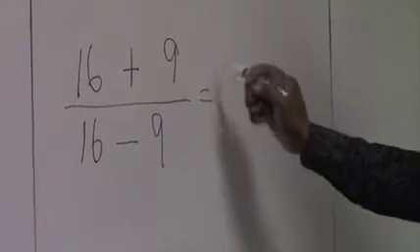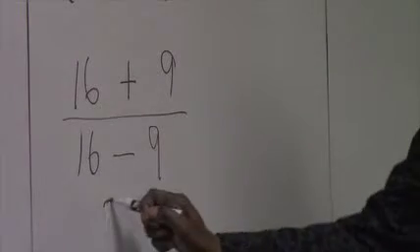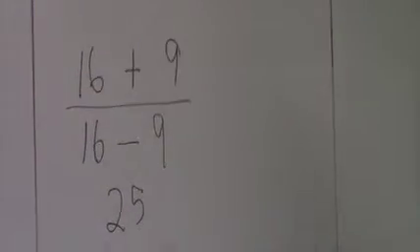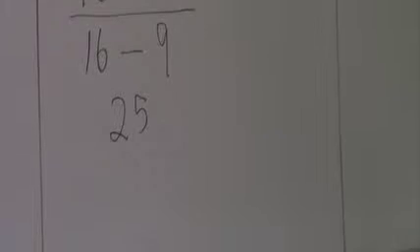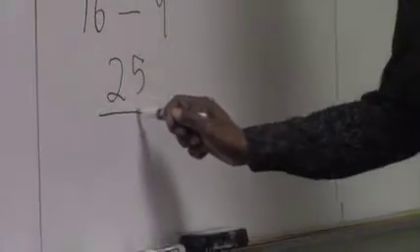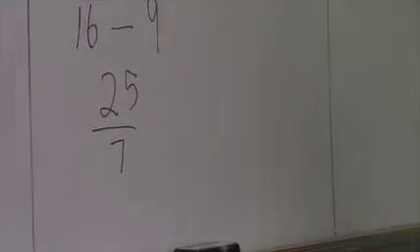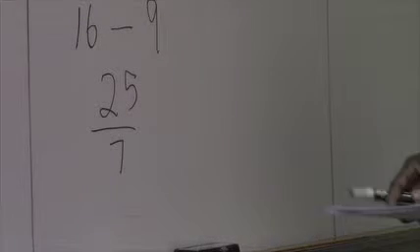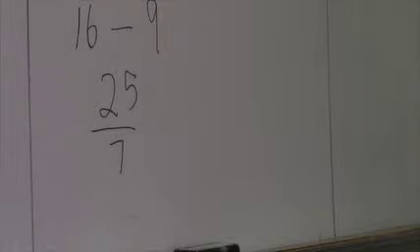So 16 plus 9 is 25, and 16 minus 9 is 7. So we have our answer, which is 25 over 7. We cannot further simplify this, so we're going to leave our answer just as it is.